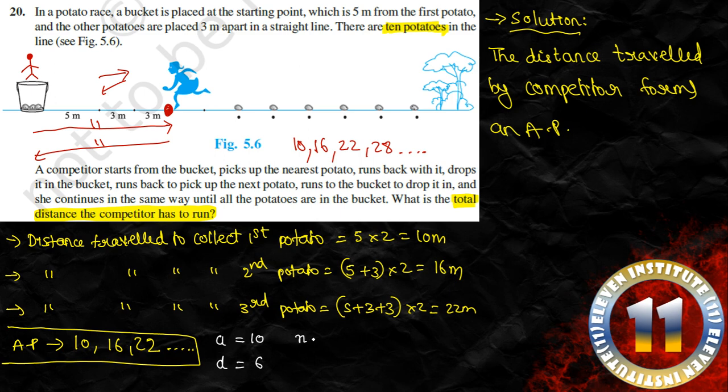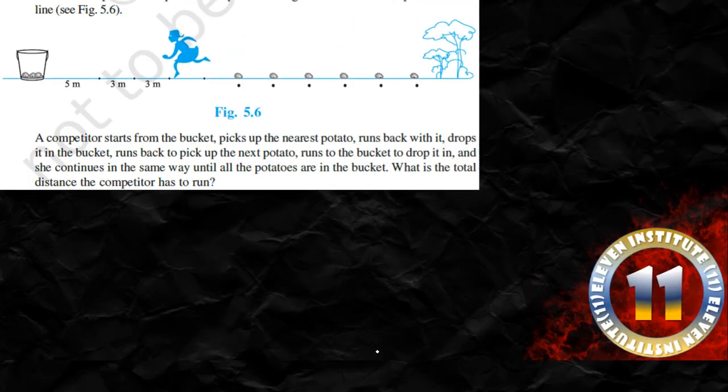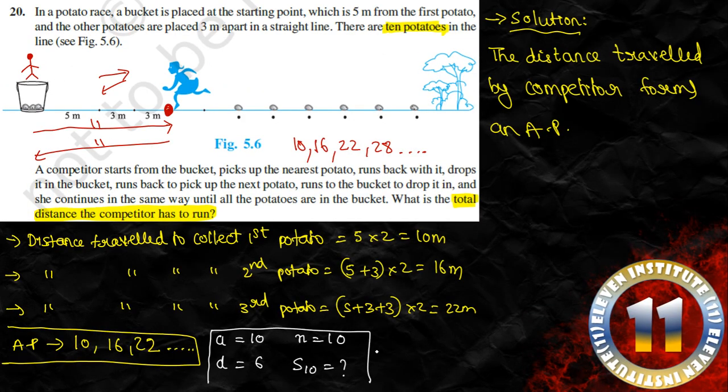How many potatoes do we have? We have 10 potatoes, and we want to find the sum of all the distances, so we want to find the value of S10. This is the summary of the entire question. So we have to just apply the formula of Sn and find its value. Let us do that. But before that, please write this much in your CW. Once you finish this, come over here and we shall find the value of Sn now.